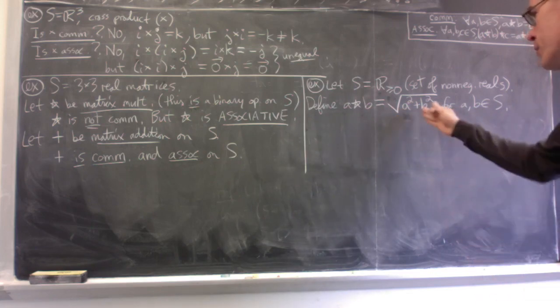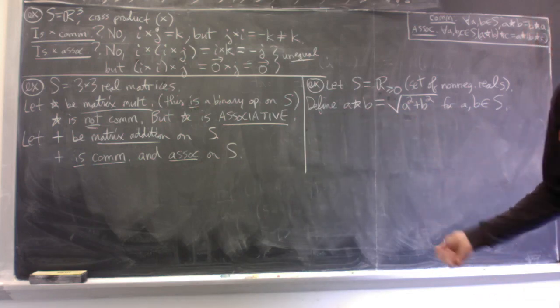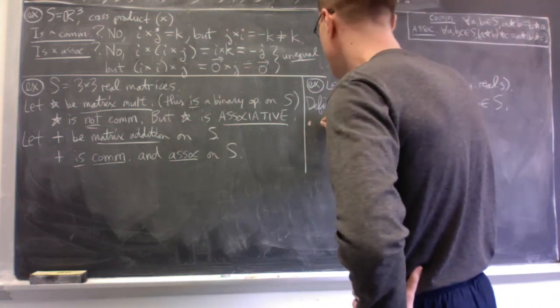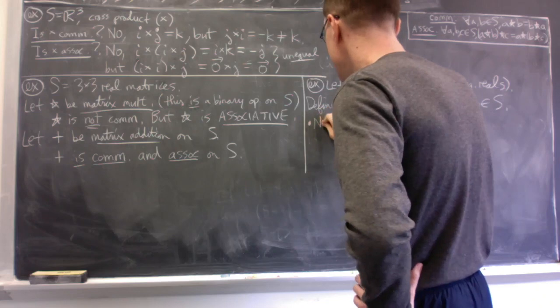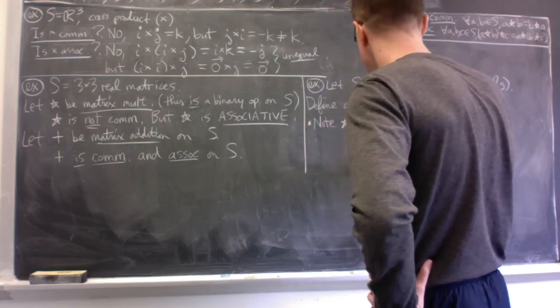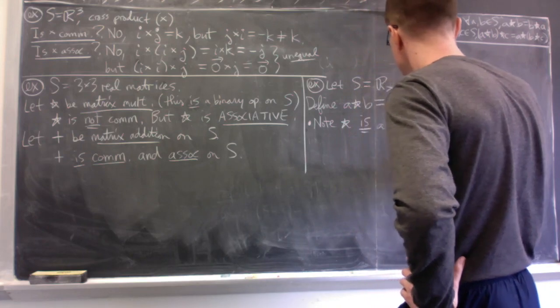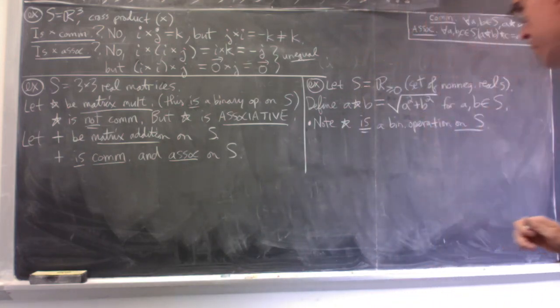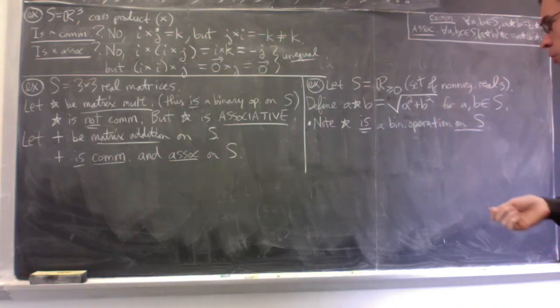Okay. As an initial remark, before you even talk about commutativity or associativity, let's observe that this is a binary operation on this set. There's a little bit of a check there that you have to do, which is, how do I know the square root is defined?